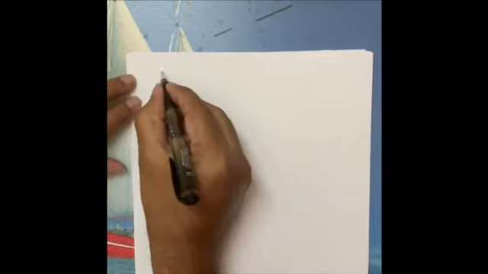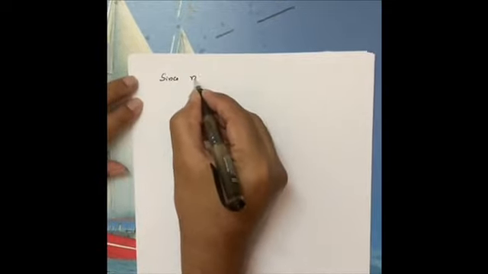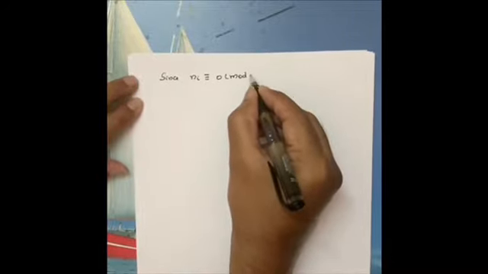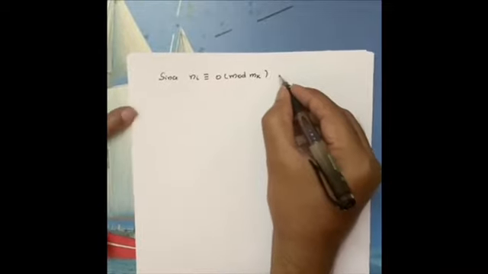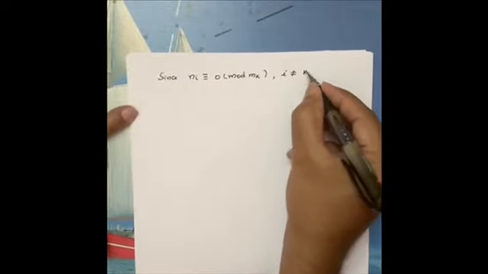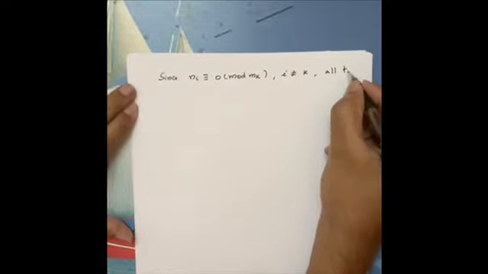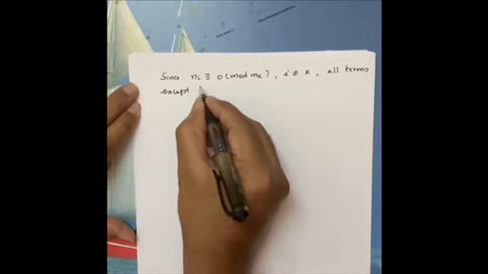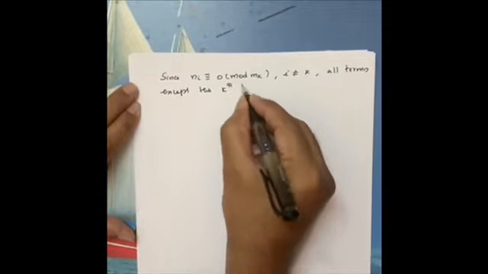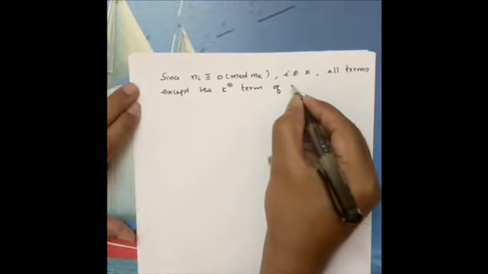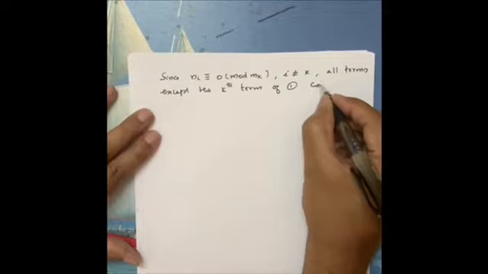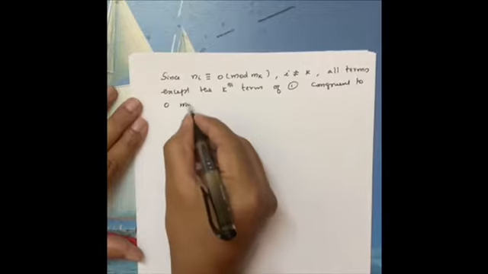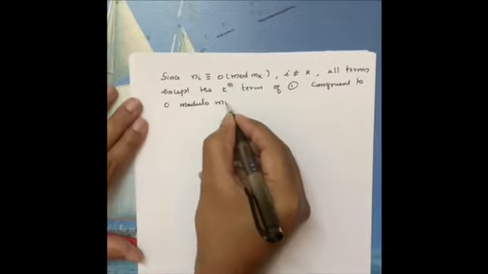Already we have, since ni is congruent to 0 modulo mk, i not equal to k, all terms except the kth term of x are congruent to 0 modulo mk.